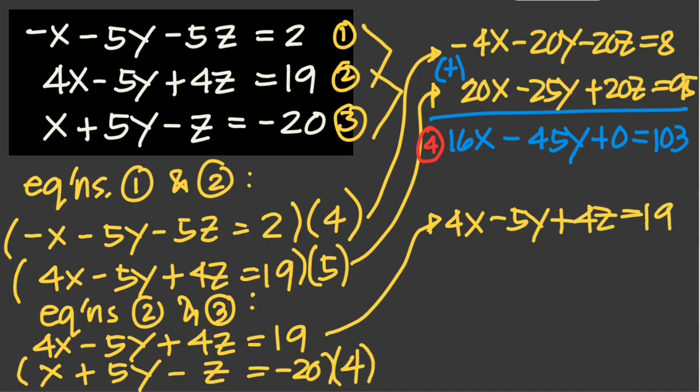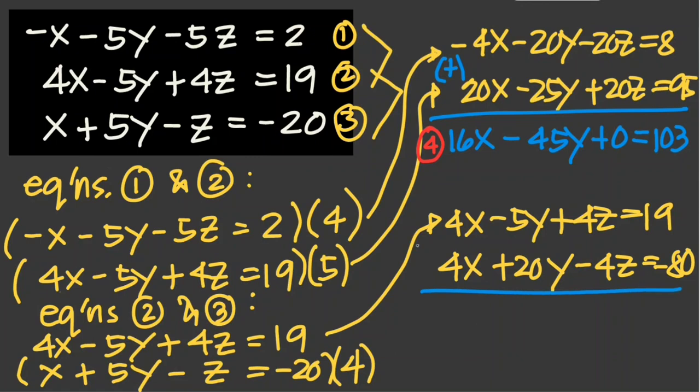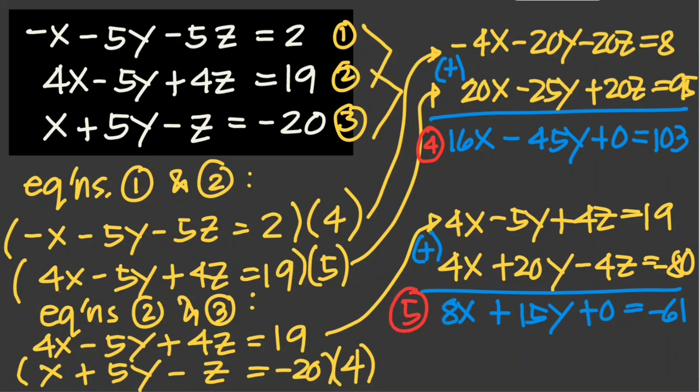And the third equation would become 4x plus 20y minus 4z equals negative 80. Now we can add up the two equations. It will be 4x plus 4x, that is 8x. Negative 5y plus 20y is plus 15y. And this is 0 equals negative 61. So this is our fifth equation.